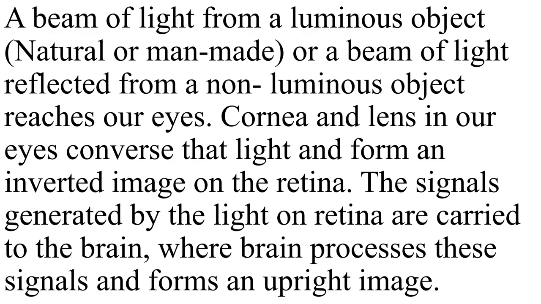Cornea and lens in our eyes converge that light and form an inverted image on the retina. The signals generated by the light on retina are carried to the brain, where the brain processes these signals and forms an upright image.